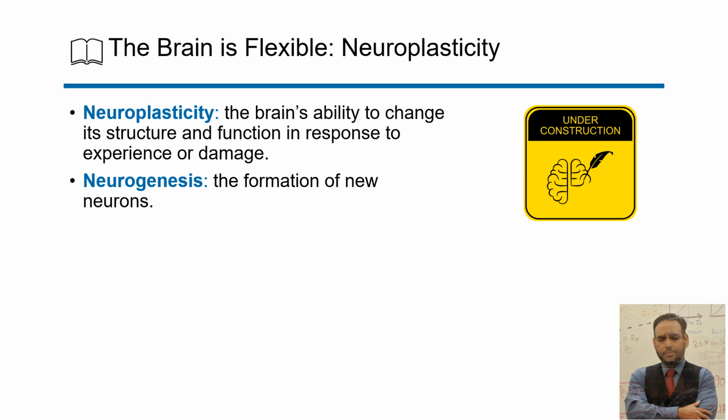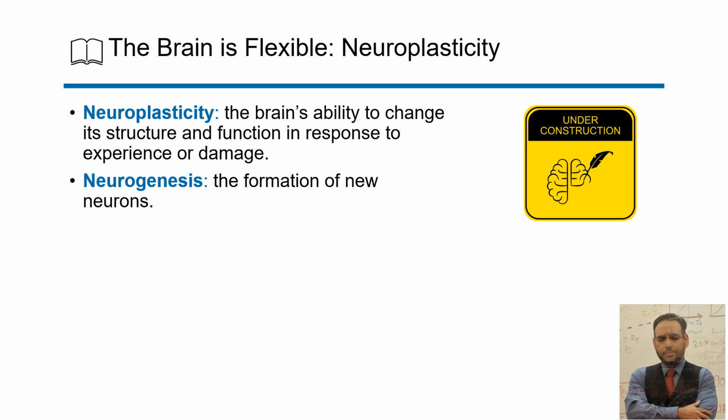Neurogenesis is just what it sounds like, formation of new neurons. It's when your brain creates new neurons for, let's say, neuroplasticity or for injury. Even though most of your neurons are made when you're a baby, your brain can still make some new ones, especially in areas that help with learning and memory. So you're constantly making new ones, but not as many as when you were born.